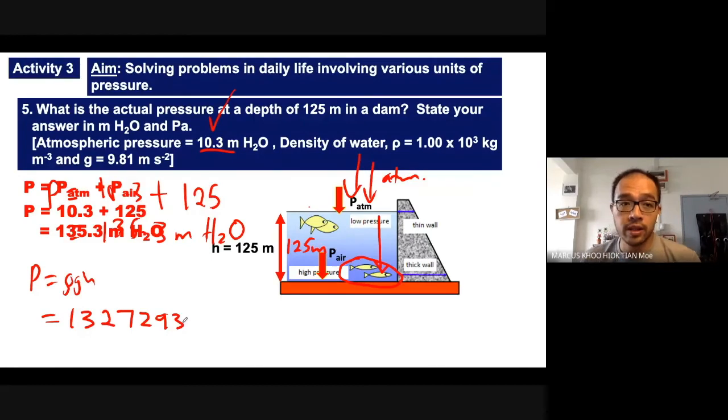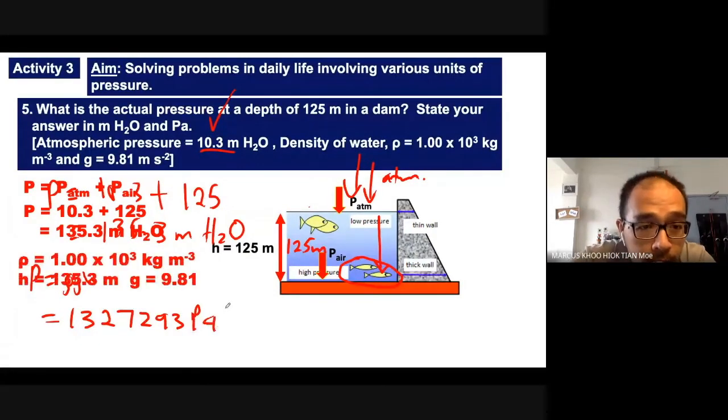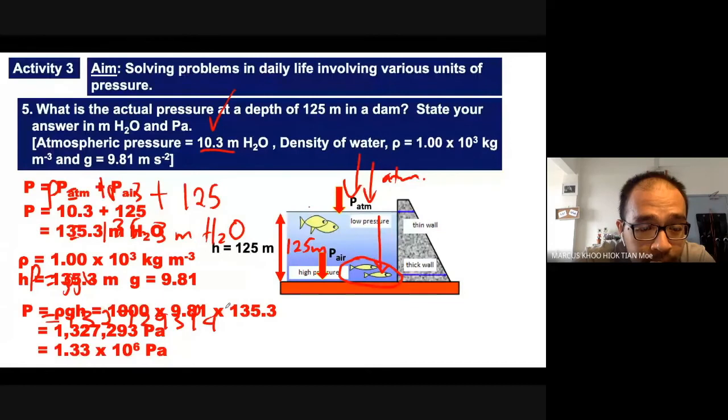There's not even a decimal point. It's exactly right. Yeah, 1,327,293 Pascal. Let's check. Okay, over here. You're cheating, I tell you.